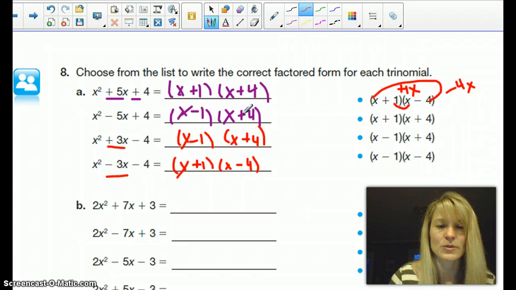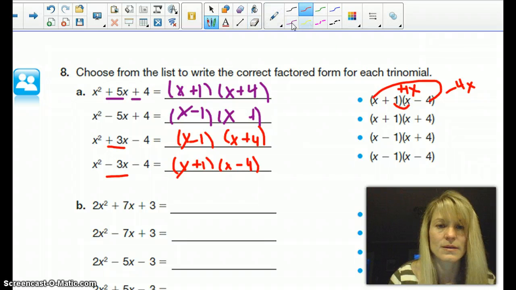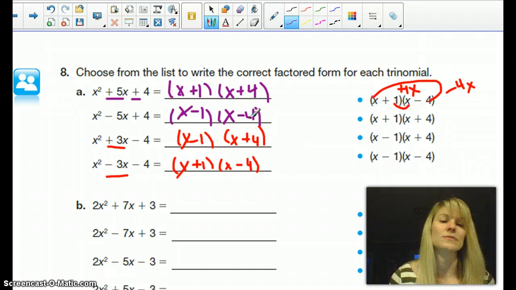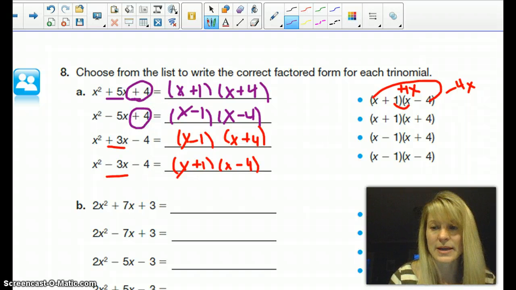Oh, that was supposed to be negative. Didn't catch that, sorry. This was supposed to be negative, negative, because a negative times a negative gives a positive. So when they're talking about the C value, they're talking about here. They're talking about if this is positive, what are my options for signs?